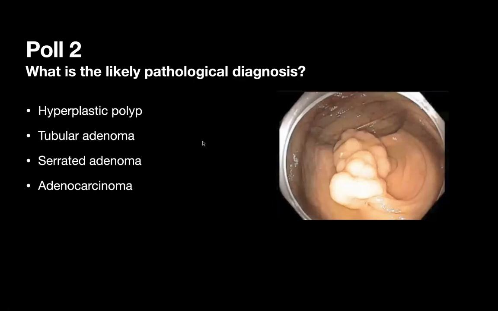Unfortunately, I did not do an NBI. I wish I did that. I wish I could have shown this. But when I looked at it, it had the features of an adenoma, and I felt that's good enough. I wish I did the NBI to show you that.